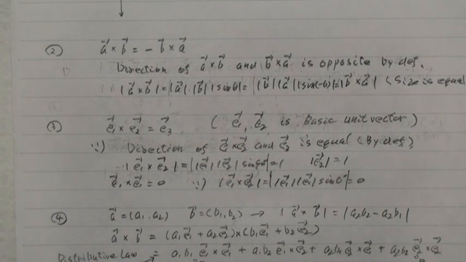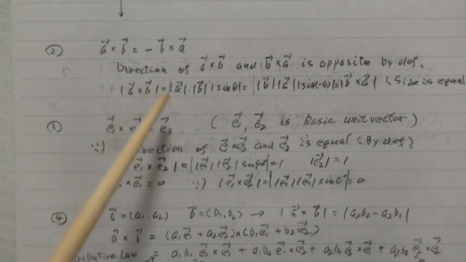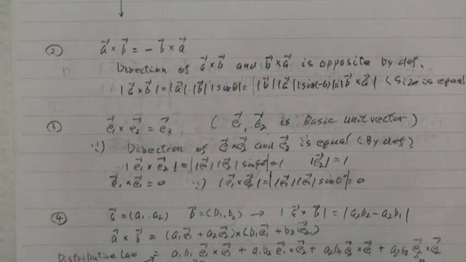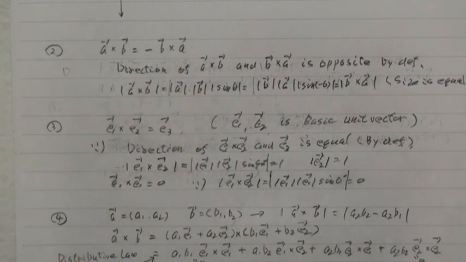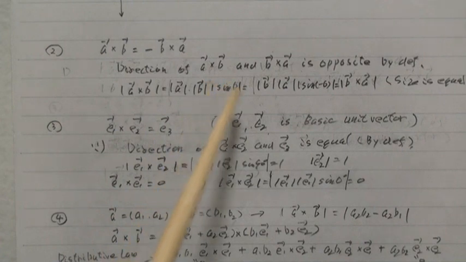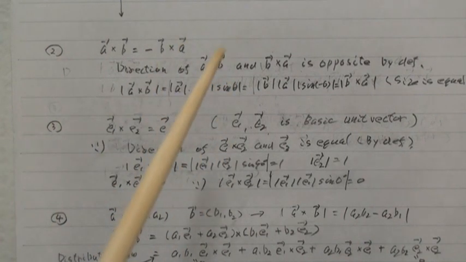And the absolute value of A outer product B equals the absolute value of A times the absolute value of B times the absolute value of sine theta. This is definition.